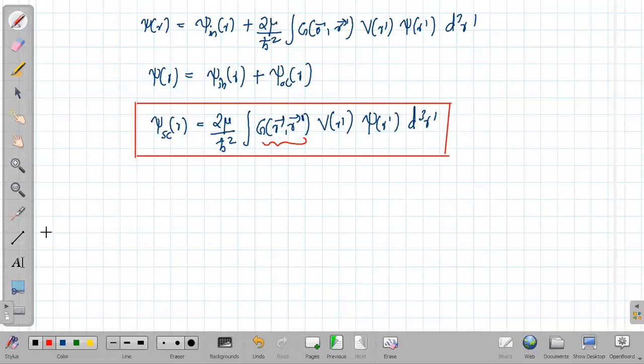Now in the next class we'll discuss how to find this Green's function. Before going to the solution for the Green's function, we can have one small discussion about the properties of the Green's function, that is, the mathematical structure of the Green's function.